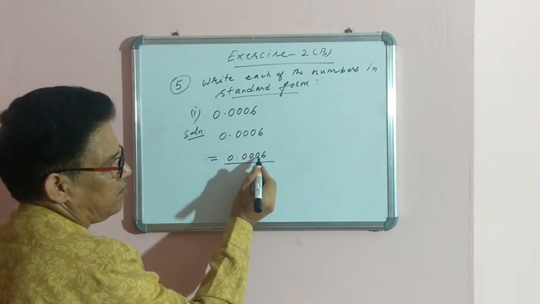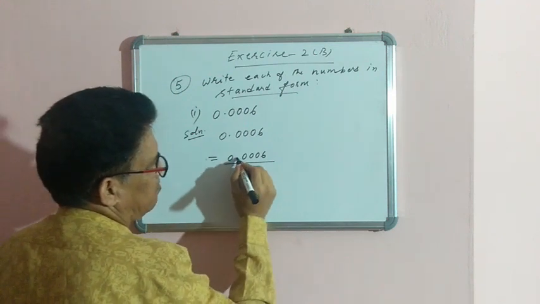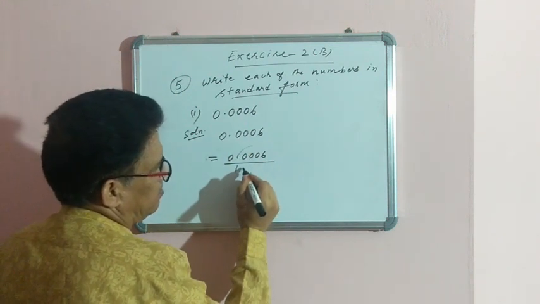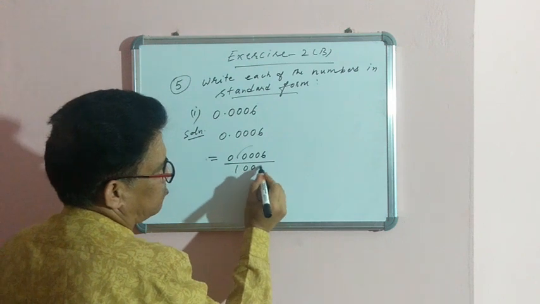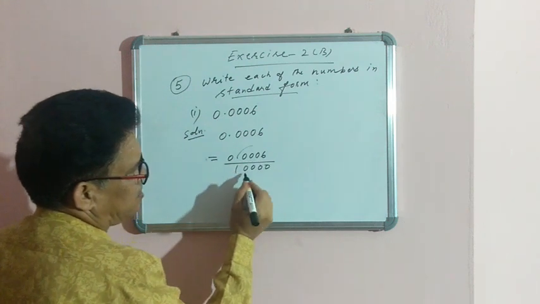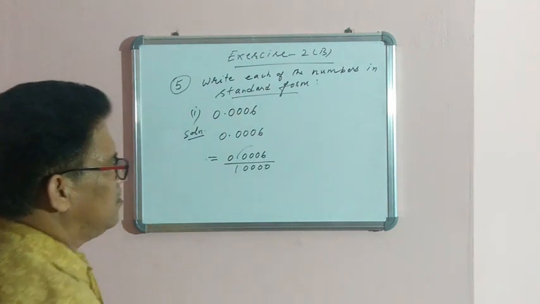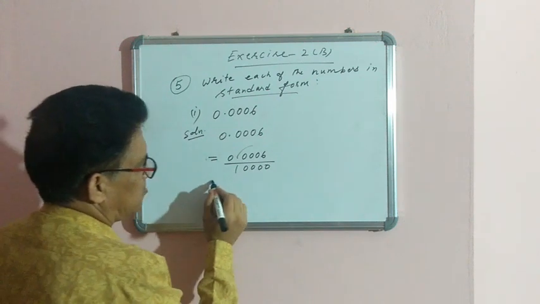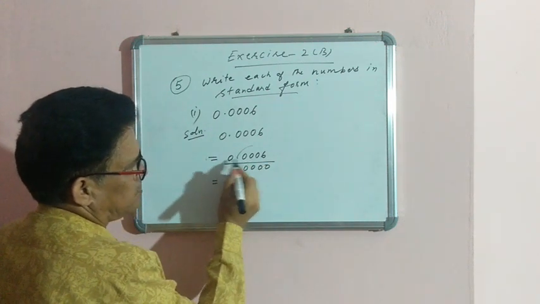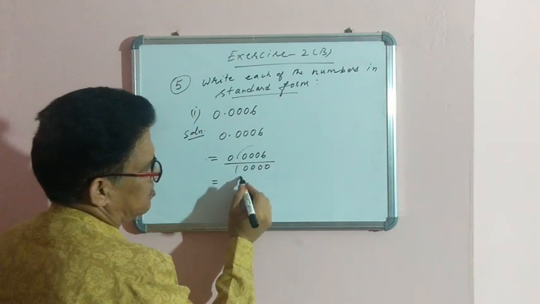So we will write 1, then 4 zeros, because 4 places are there. Now this is nothing, so only 6 is there.